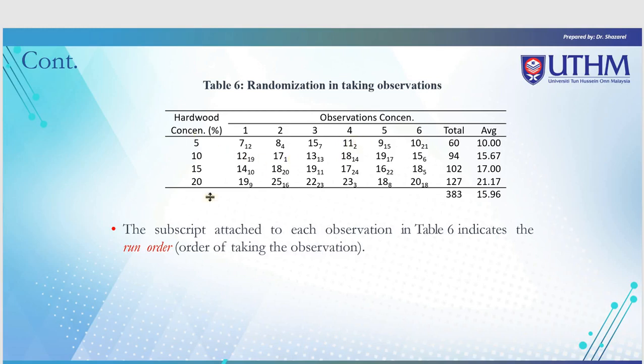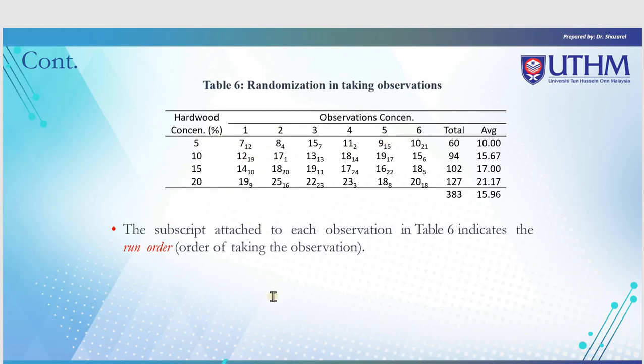So we randomize the percentage, but in order to do that, we denote the number of the observation, where we want to order in a random way. We test it in different percentages, not according to each level. We are not finishing the first level and then moving to the second level.